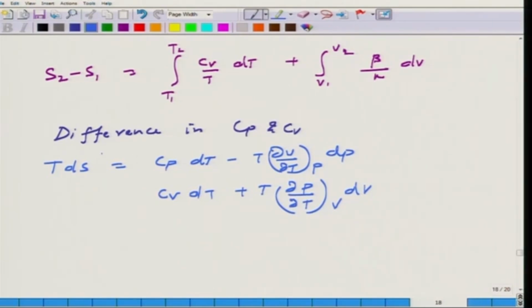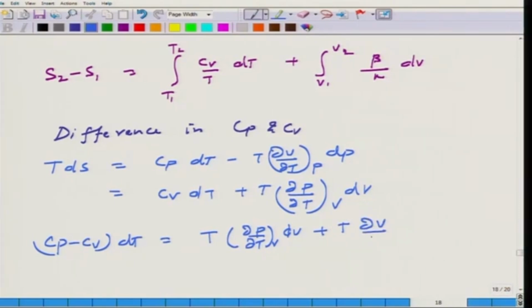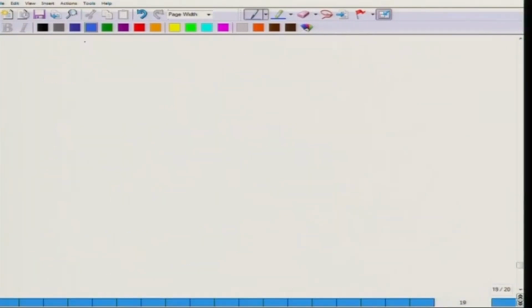So of course I can take the difference between these two, and because the left hand side is 0, this becomes (Cp minus Cv) dT, and this I can take to the right hand side. This becomes T (∂P/∂T)_V dV plus T (∂V/∂T)_P dP. Now I can divide this term here. I can get the following expression.